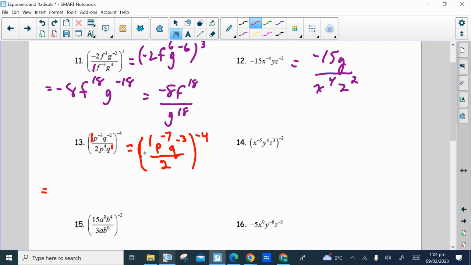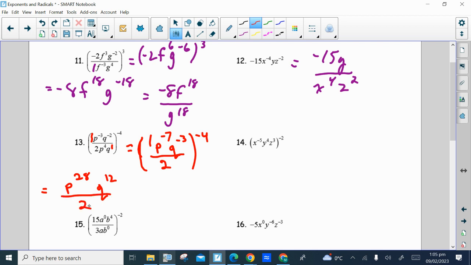This 1, we could raise that to the power negative 4, but 1 to anything will just be 1, so I'm not worried about that. But the negative 7 power is raised to the negative 4, so you'll multiply those exponents, and that gives you positive 28. Same thing with the q, negative 3 times negative 4 is positive 12.